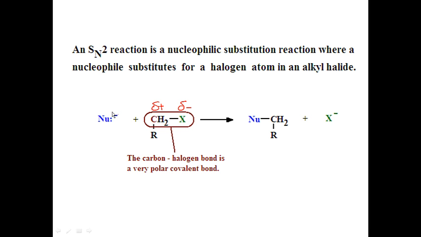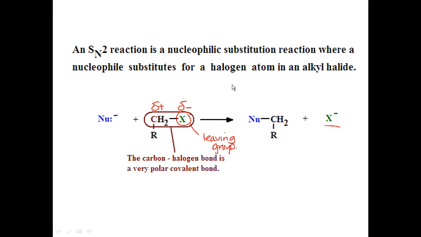Now, the nucleophile is called the nucleophile. This halogen, though, is also what's called a leaving group, because over here it leaves as an anion. Actually, it leaves as another nucleophile.